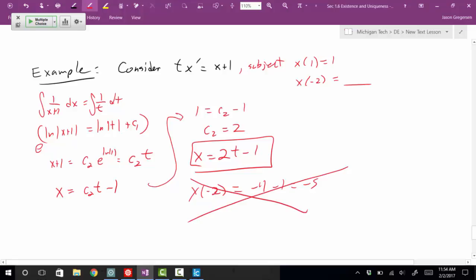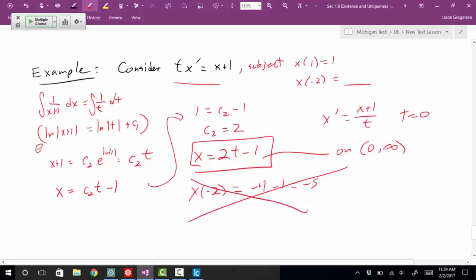Incorrect. Why? If we look at our differential equation and we rewrite it as x prime is equal to (x plus 1) over t, where's my discontinuity? Discontinuity at 0. T can't be equal to 0. I found a solution, and this solution is the solution on the interval from 0 to infinity.